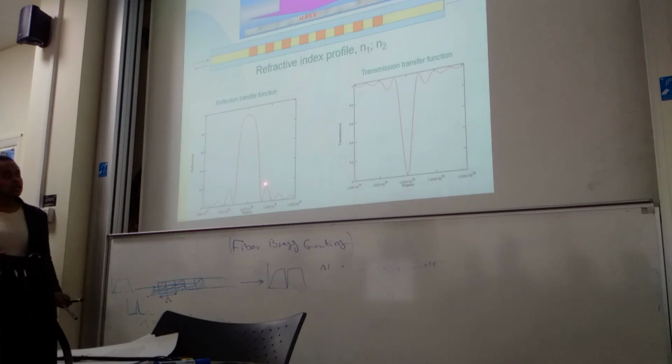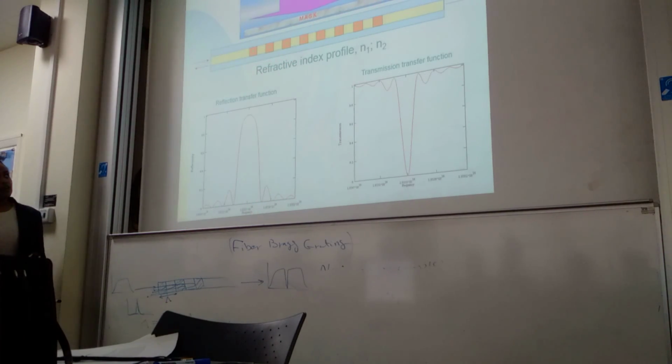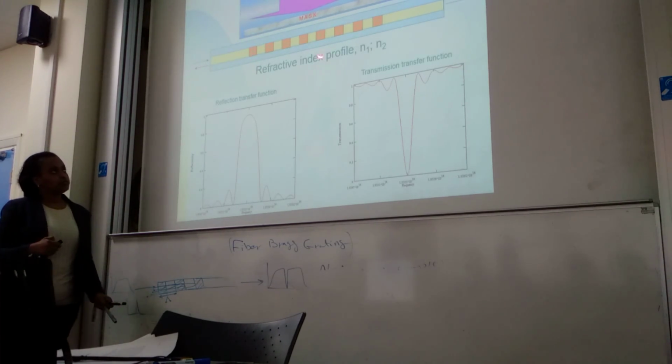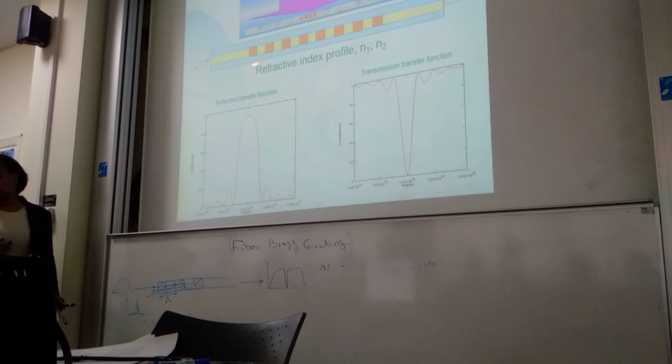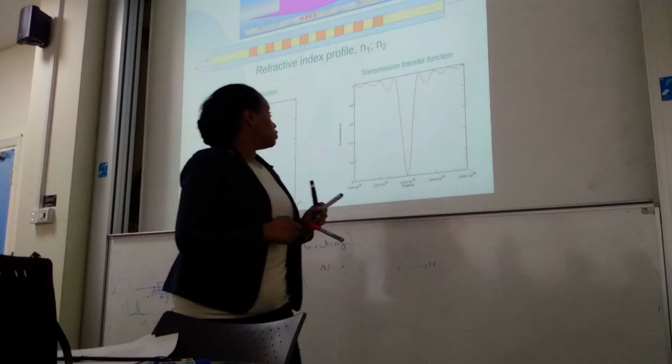If you want to get rid of these, we can design the fiber Bragg grating to have lower refractive index at the edge than the middle. This is just something for you to know.